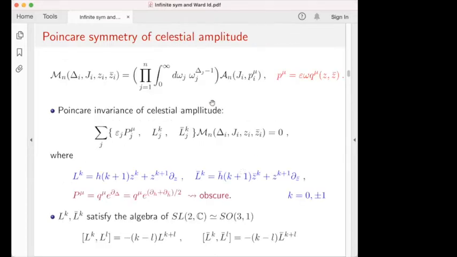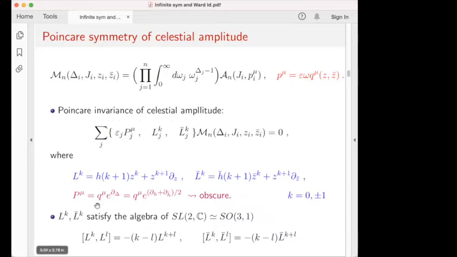Now we perform this Mellin transformation and obtain this celestial amplitude. Since we just do a simple integral transformation, this celestial amplitude should also be invariant under Poincare symmetry. But now we need to find the form of the generators of Poincare in this celestial basis.